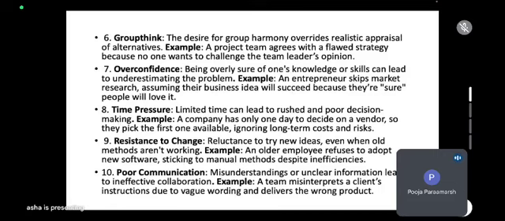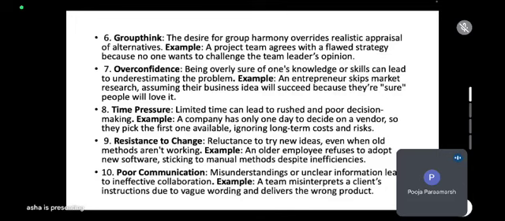Then comes time pressure. Limited time can lead to rushed, poor decision making. So you need to strategize your time so that you come to the right conclusion. But it doesn't mean that you waste your time, or that you take the decision in a hurry, which leads to poor decision making.